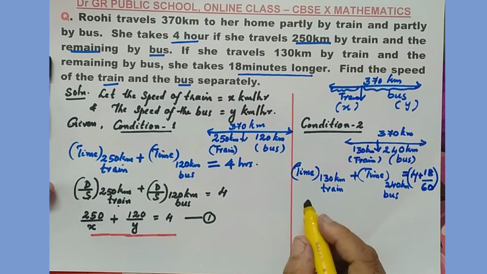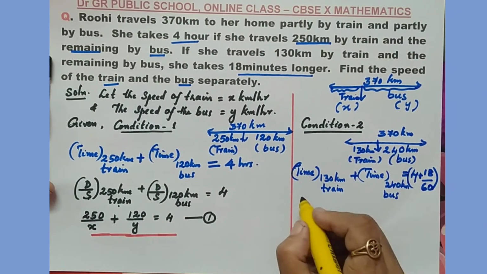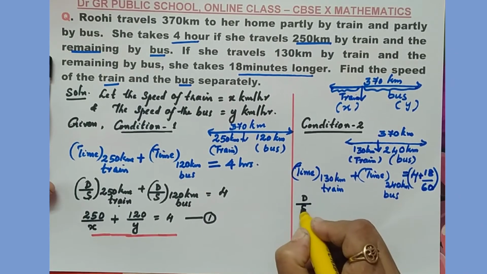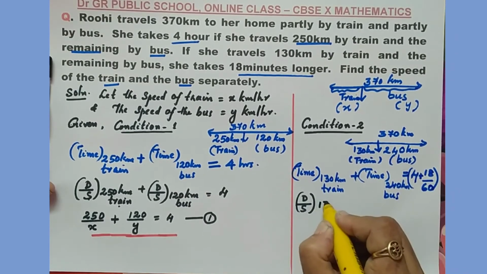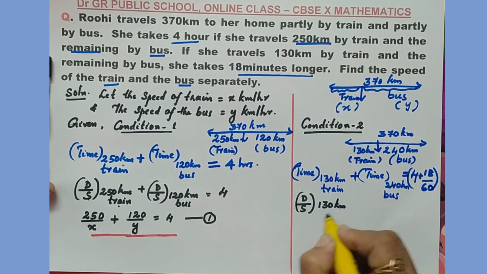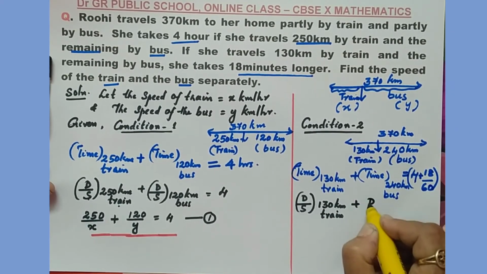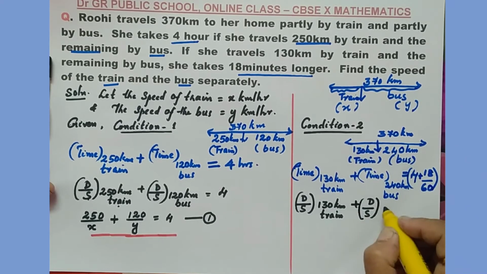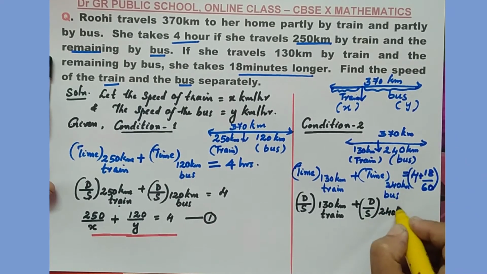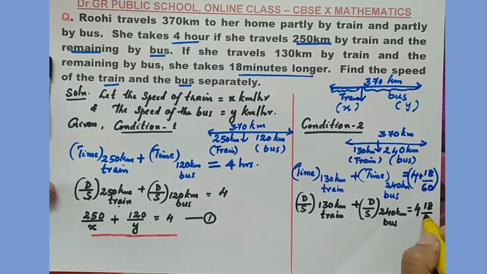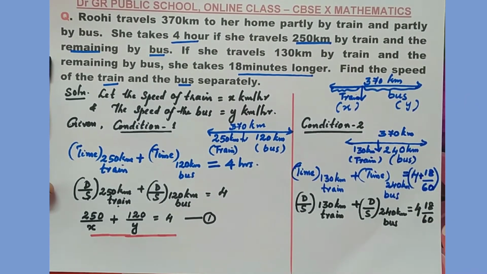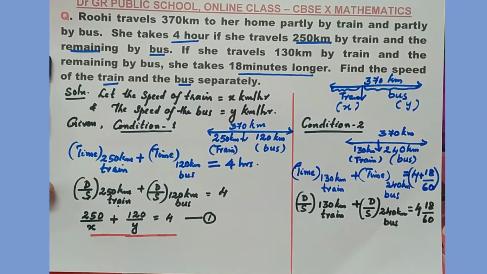Okay, I am going to convert it again. Time can be rewritten as distance by speed: 130 km by train plus distance by speed for 240 km by bus. This is given to us as 4 plus 18 by 60, which can be written as 4 and 18 by 60.